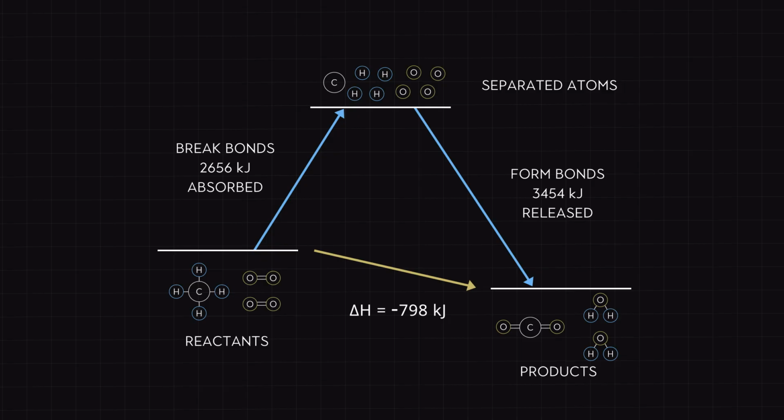And the net energy change is negative. The reaction is exothermic, and the energies of the products are 798 kilojoules lower than the energies of the reactants.